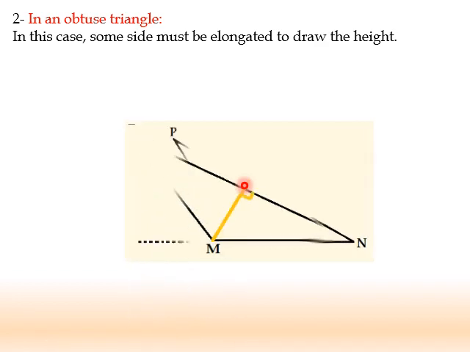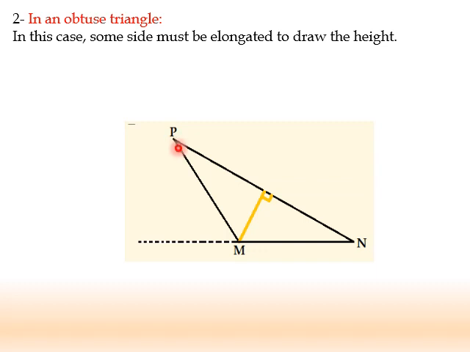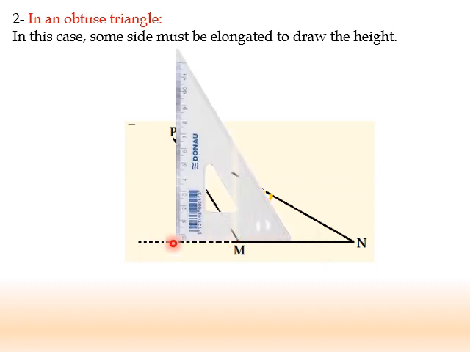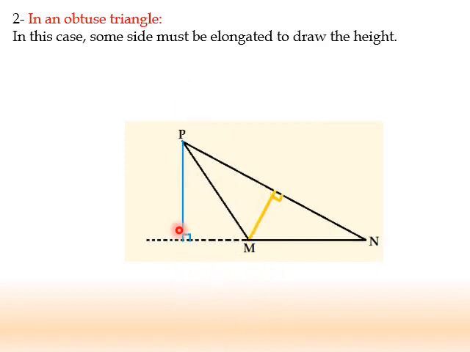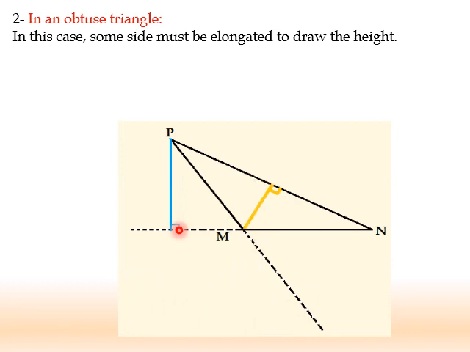But to draw here the height issued from P, to draw the perpendicular, it can be drawn inside the triangle, so simply elongate MN and use your set square to draw the height issued from P perpendicular to MN. This is the second height in the triangle. Similarly, to draw the height issued from N relative to PM, elongate PM and draw the height.